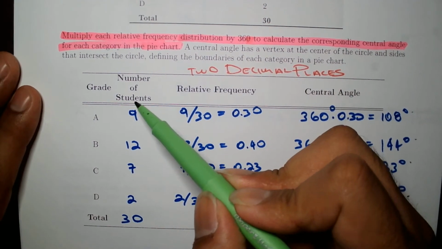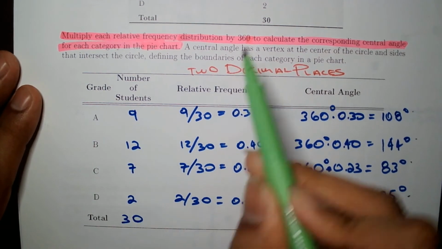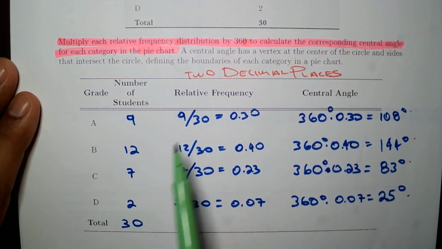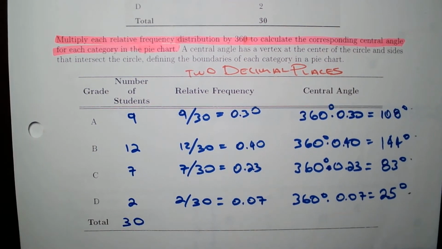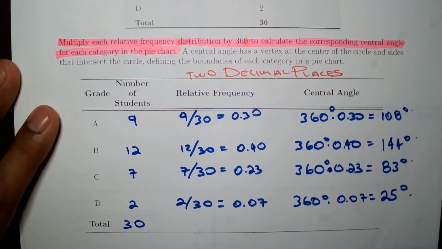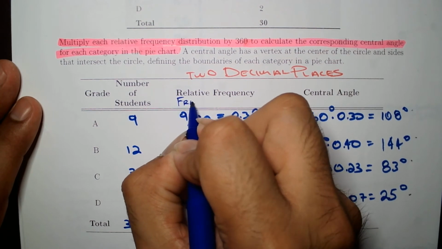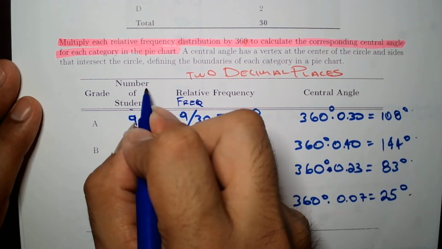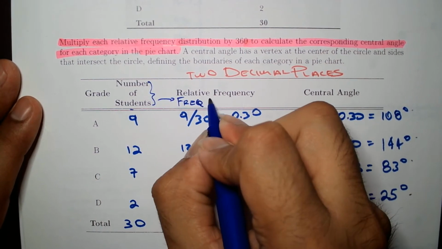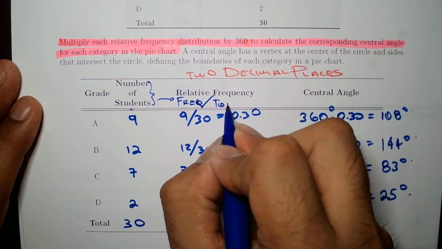So, the number of students who got an A, a B, a C, and a D. I just copied them again, even though they're given here. So let's find the relative frequency, which we already did in the first couple of pages. Let me write it down. The frequency that we get here, divide that by the total.